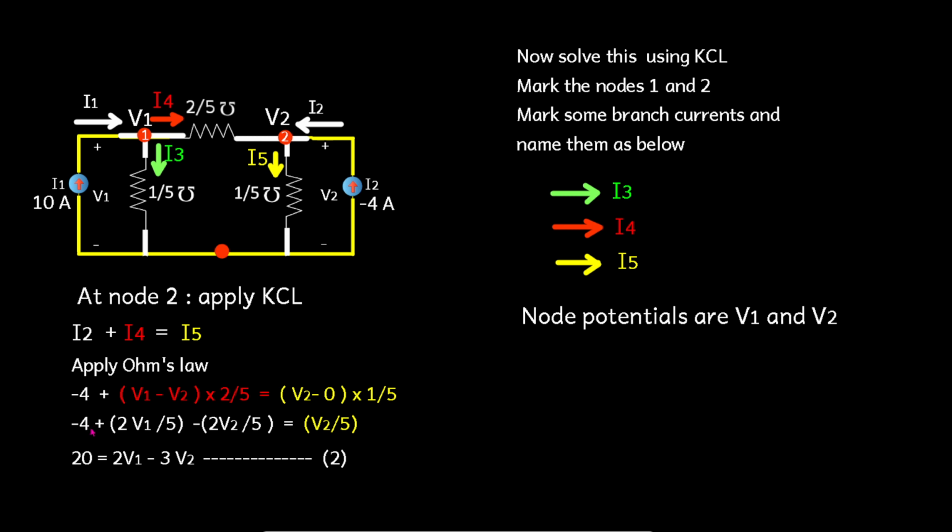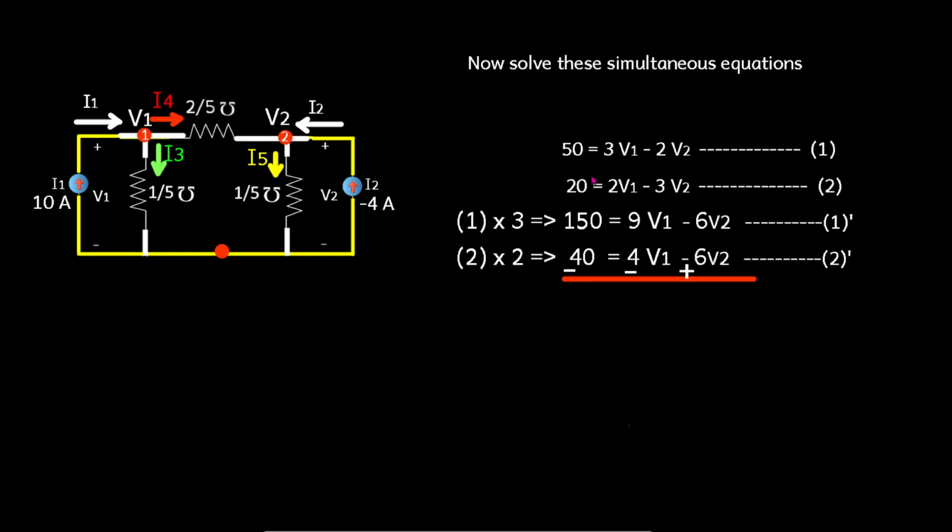So it is minus 4 plus 2V1 by 5 minus 2V2 by 5, equal to V2 by 5. When you multiply this equation by 5, you get 20 equal to 2V1 minus 3V2, the second equation. Okay, so we write these two equations together, the first equation and the second equation.